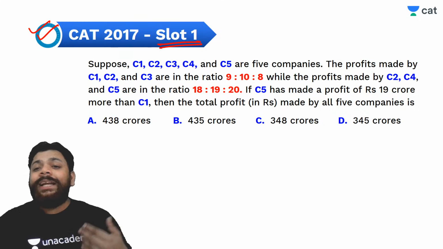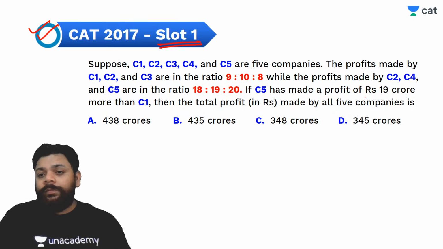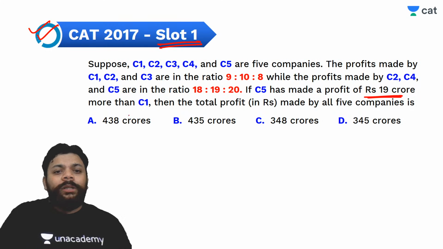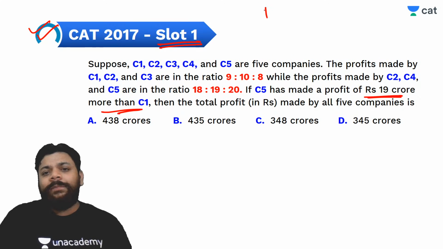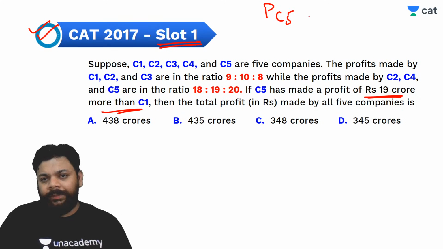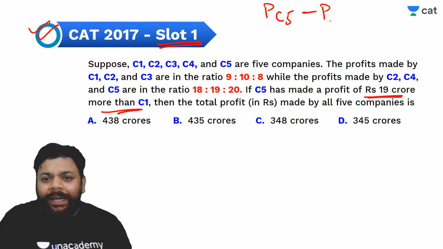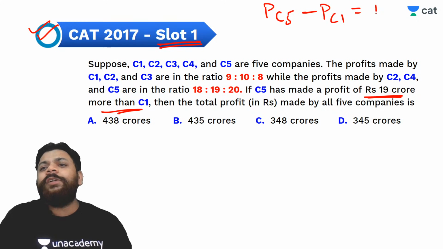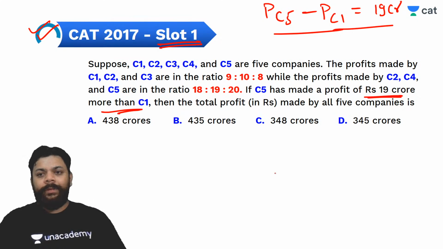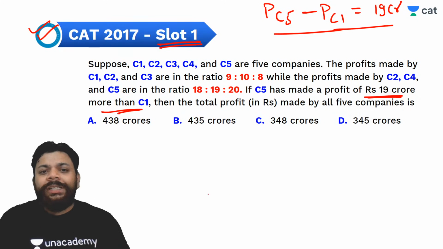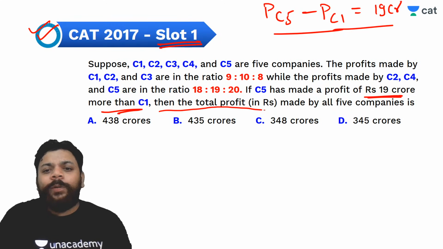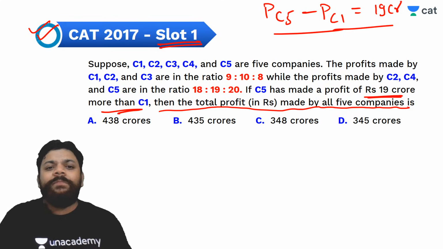If C5 made a profit of 19 crore more than C1, that means profit made by C5 minus profit made by C1 is equal to 19 crore given here. So the question is, then the total profit made by all the 5 companies is.